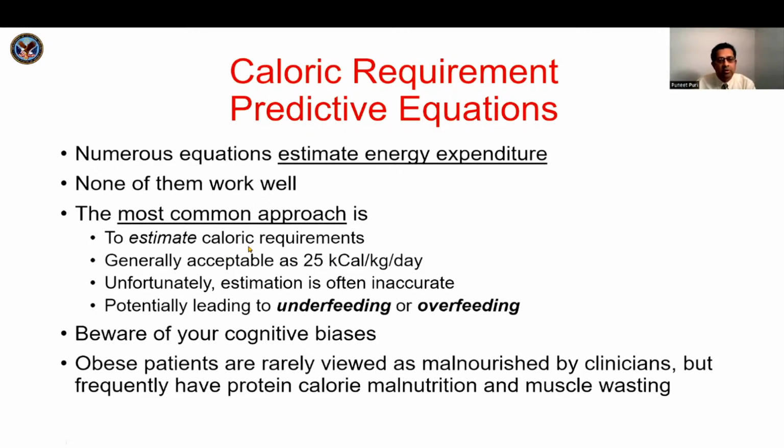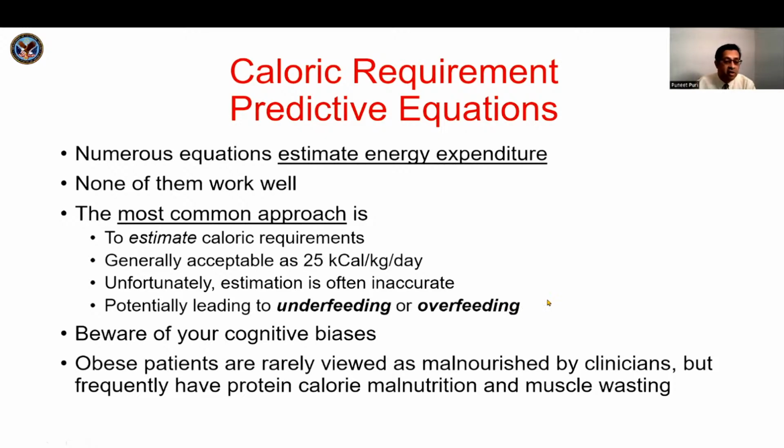The most common approach in the critical care setting to estimate caloric requirement is an acceptable 25 kilocalories per kilogram per day as a generic, broad umbrella caloric need. Unfortunately, estimation is often inaccurate, more so in the liver population with a variety of other modifying factors, and potentially could lead to either underfeeding or overfeeding, both of which are detrimental.